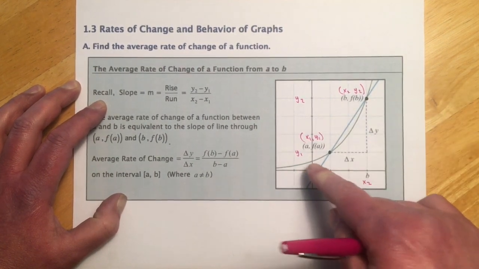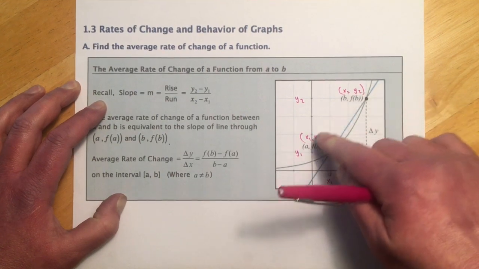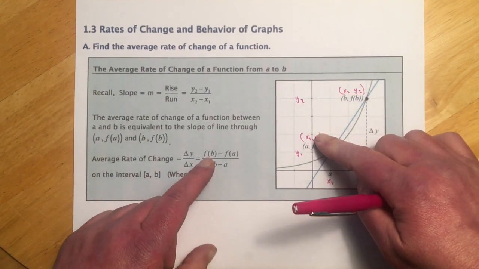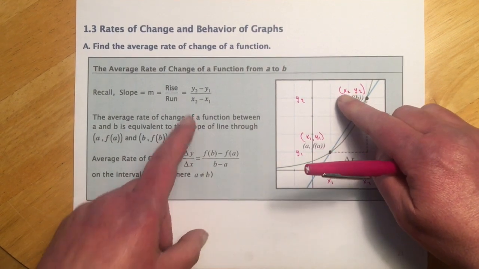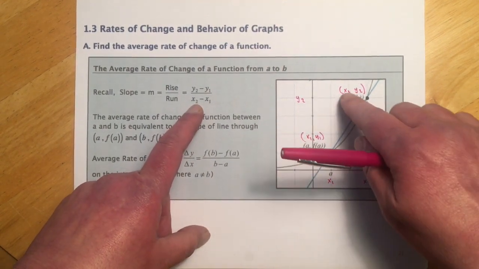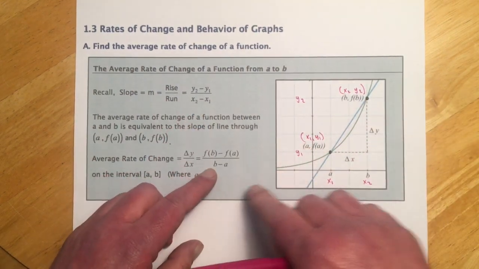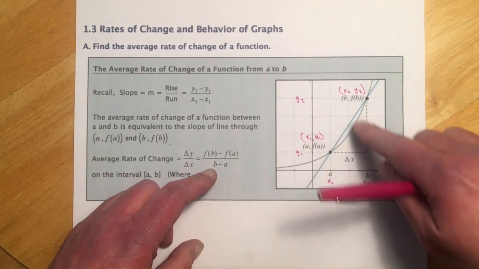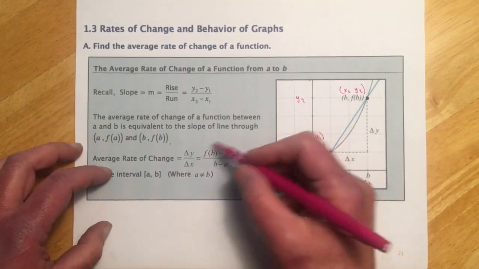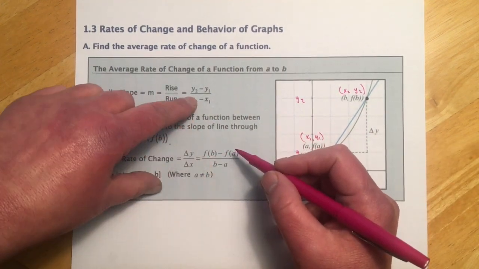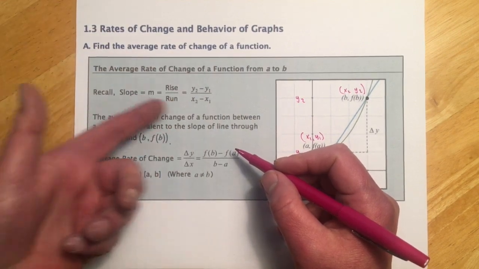And to find our slope, we would go y2 minus y1. So in the average rate of change formula, it's f of b minus f of a. And then the denominator was x2 minus x1, and so here we have b minus a. That's basically the function notation version of the slope formula.